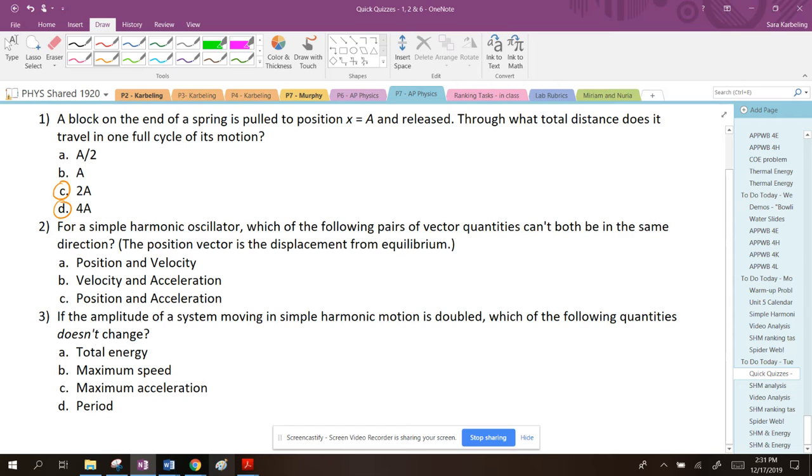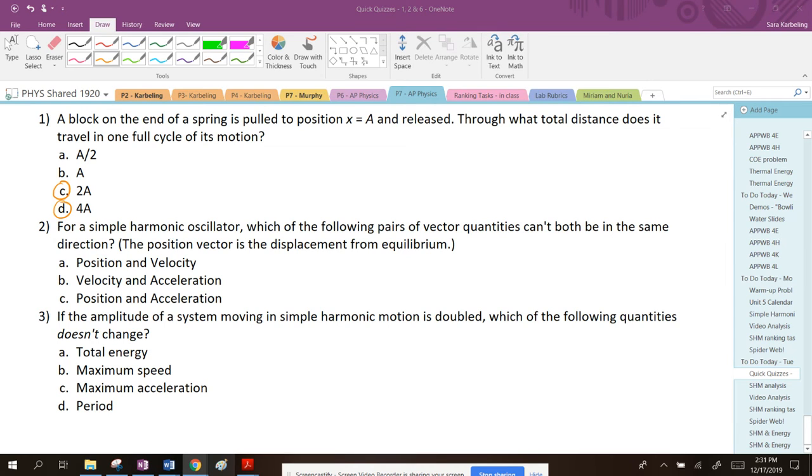Defend. Okay, we're going to go here, and then I'll come back there if we need. So A is the displacement from equilibrium, and distance doesn't take into account direction. It's just how far you've traveled, not the most direct path.